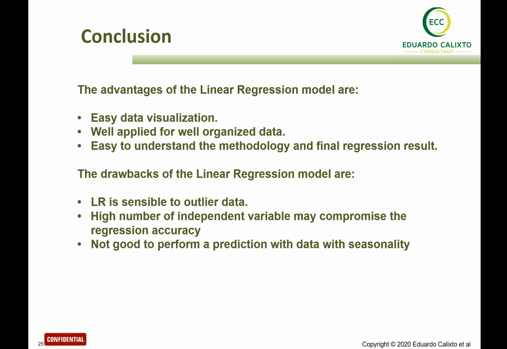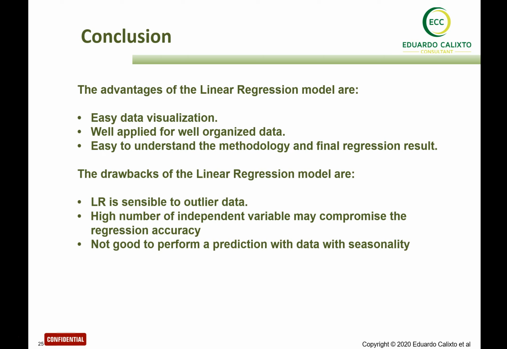If we have a lot of these independent variables, 5, 6, 10, that will of course compromise the result, because in linear regression we are not able to eliminate the independent variables that do not influence the result much. There are some regression methods that can do that, and we'll see them later on. For example, the stepwise fitting regression method is able to eliminate the independent variables that have no influence on the prediction of the dependent variable. But that's not the case for plain linear regression, and that's one of its limitations.